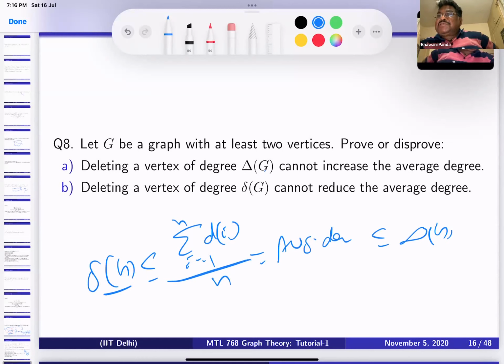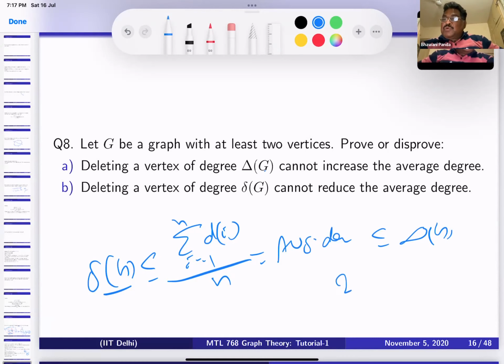This is against the intuition, right? If 10 numbers are there, its average is 5, and the maximum number is, say, 20, if you remove 20, the average will come down.